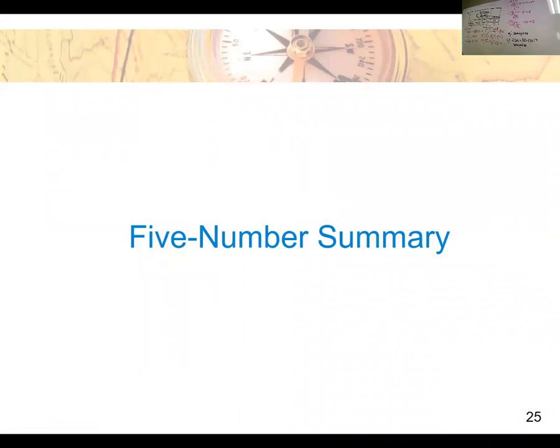the 5-number summary, because with those quartiles that we got to be talking about, the 25th, the 50th, and the 75th percentile, we can use that to create what they call a 5-number summary.